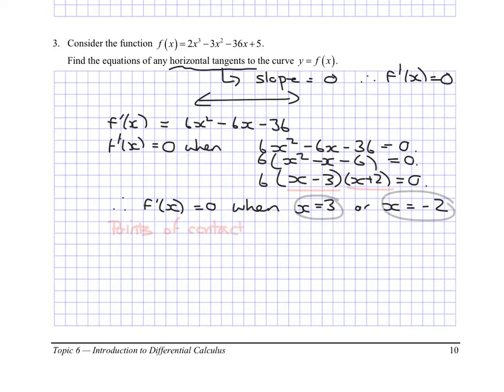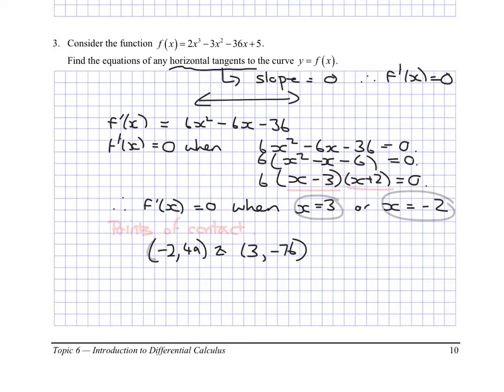So the 2 points of contact are, and you can just substitute that into the equation for f of x, and you will get, when you do that, I'm not going to show the working out here, but you would show your working out for substitution, you would get 2 points, (-2, 49) and (3, -76). Now, the equation of the horizontal tangent.